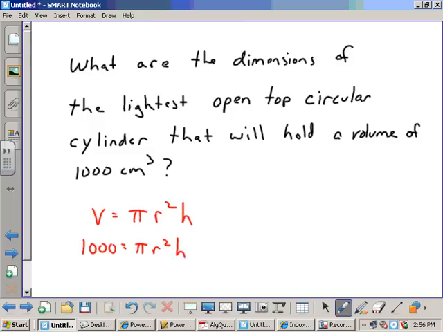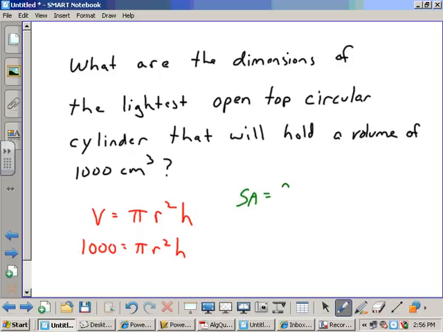Okay, next we want to come up with the lightest possible container. Needing the lightest, we're going to minimize surface area. So we're assuming that the thickness of the cylinder is all exactly the same and that the weight of the metal is the same. So surface area, we'll do the area of the sides first.